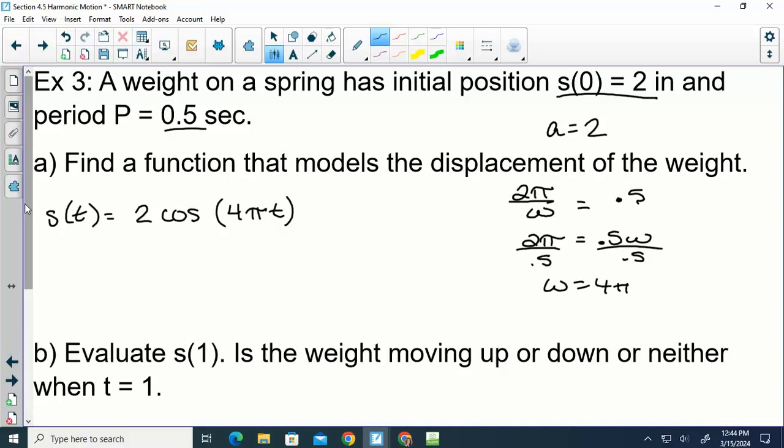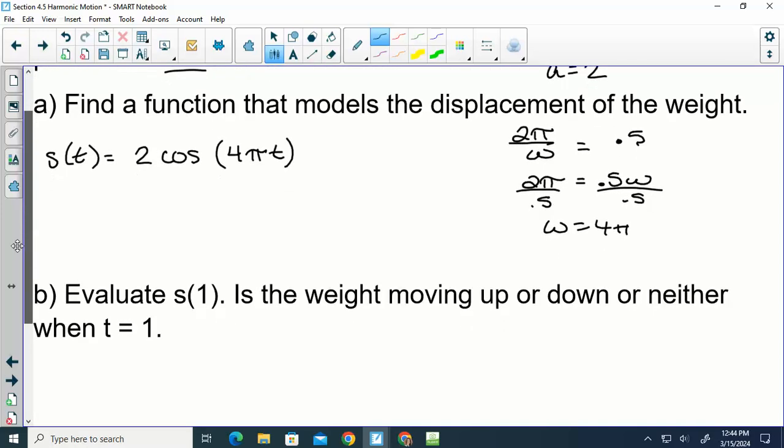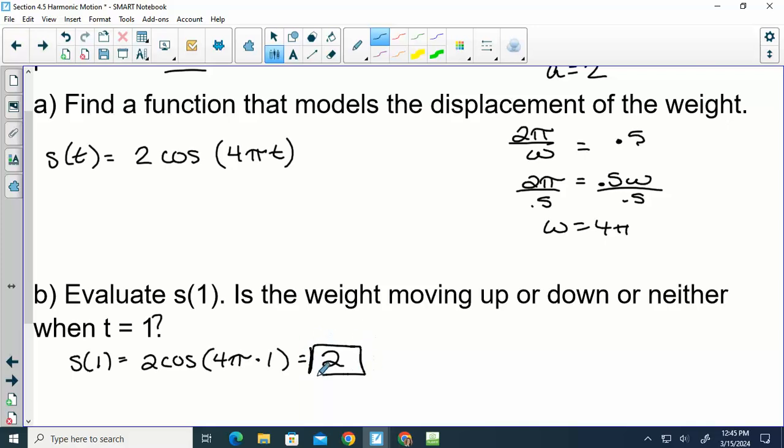Okay. Evaluate s of 1. So if I put in 1 second, what do we get? 2. Is the weight moving up, down, or neither at this point?